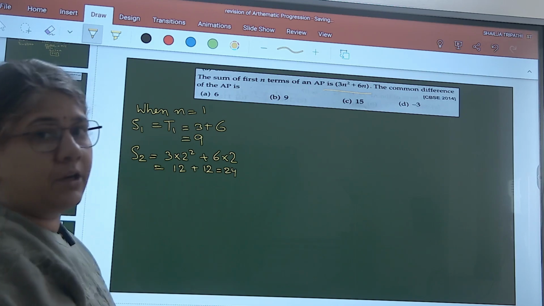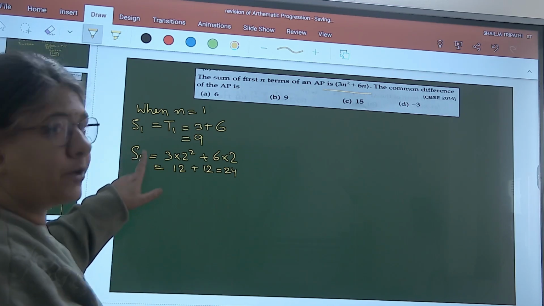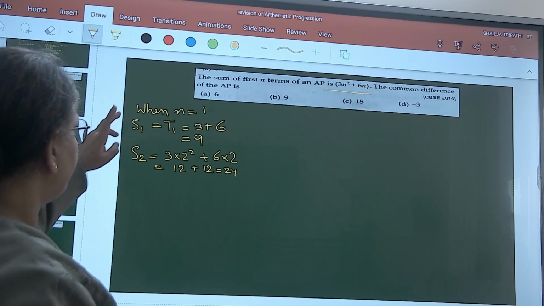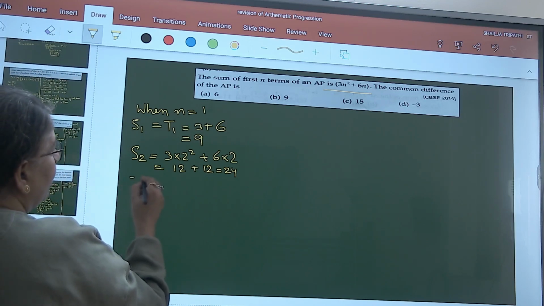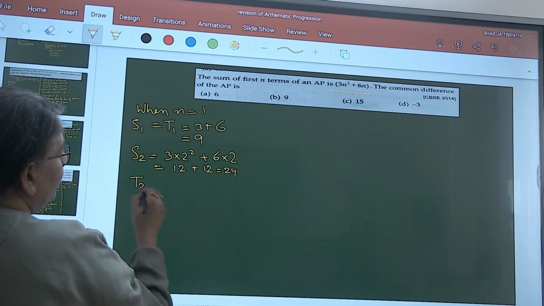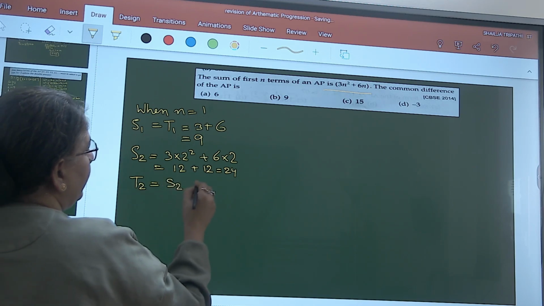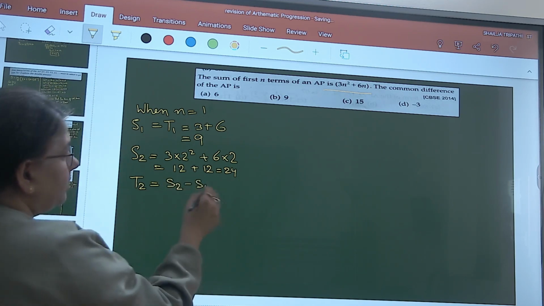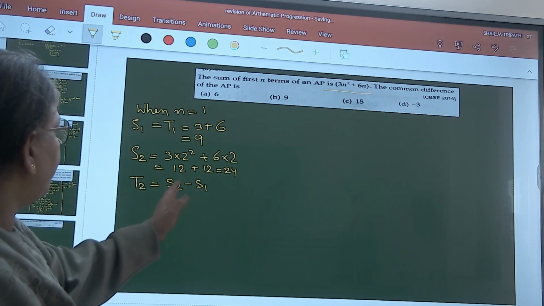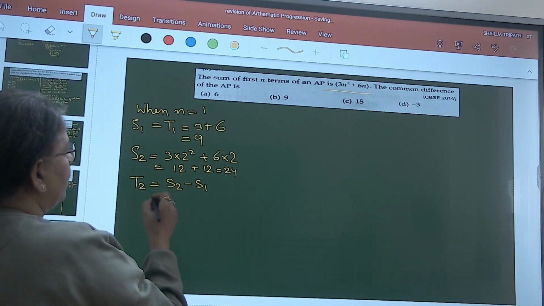So the second term, this is the sum of first two terms, this is the first term. So to find T2, what you'll do, you do S2 minus S1. That is, subtract S1 or first term from the sum of first two terms.